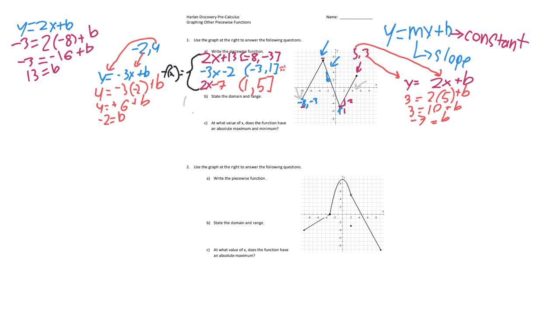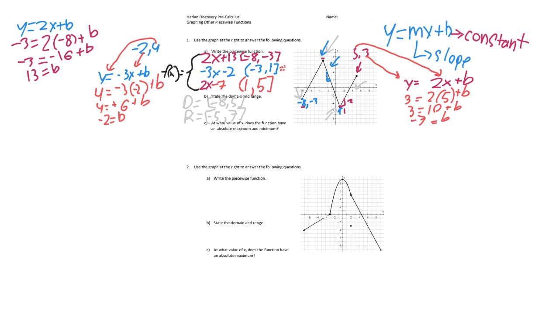So our domain here is equal to [-8, 5], all included. Our range runs us from -5, our lowest y value, which is over here, all the way to our highest y value, which is up there at 7. And those are both included.